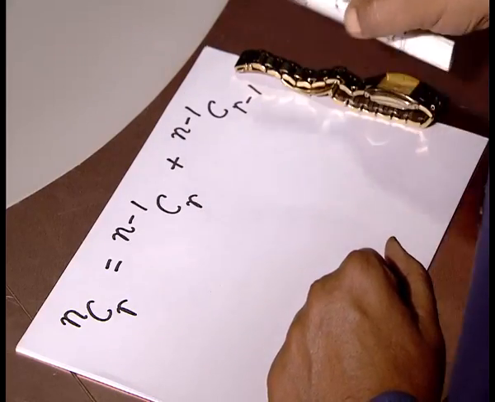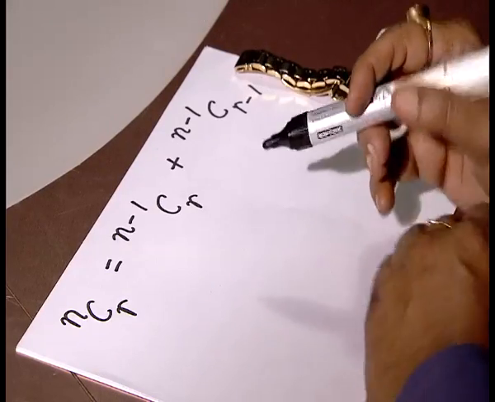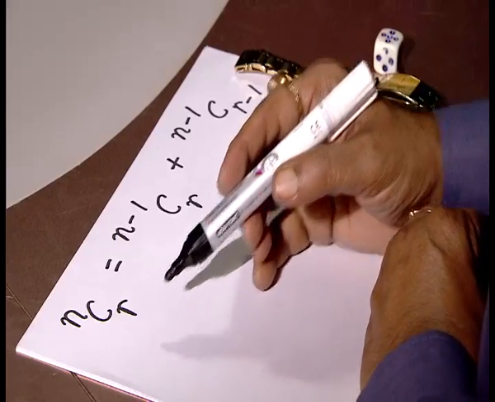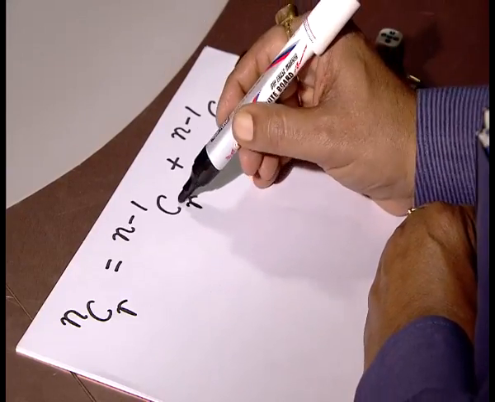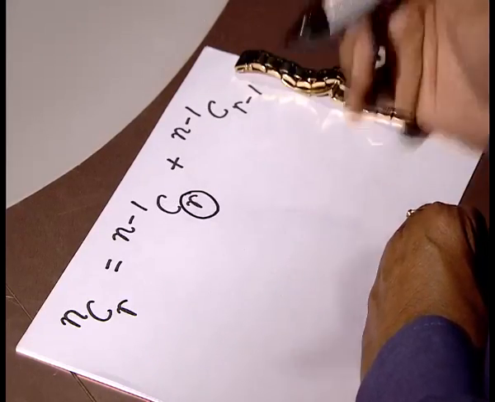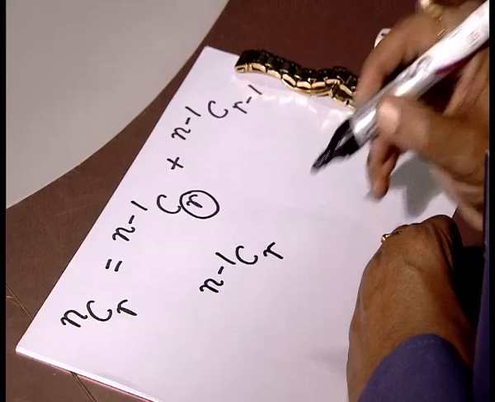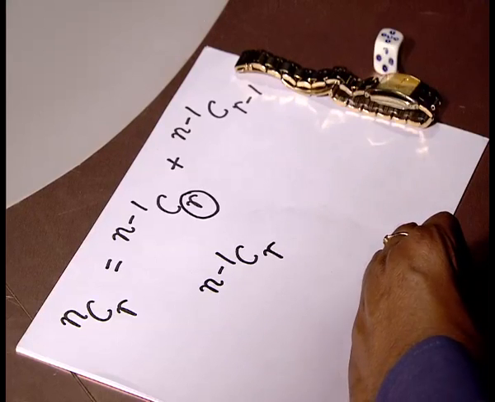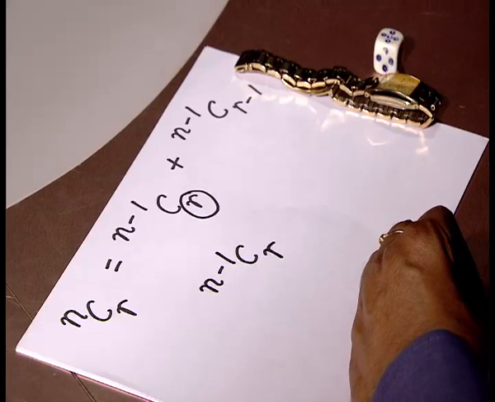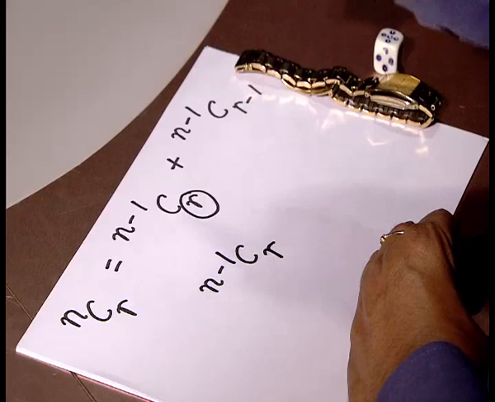So, remember, one thing is always there and one thing is never there. So, if one thing is never there, then effectively you are selecting r things from n minus 1 things, because one thing is never there. So, that would be n minus 1 CR. And once that one thing has been taken with assurance, then the problem reduces to taking the remaining r minus 1 things from n minus 1 things, because one thing has already been taken.